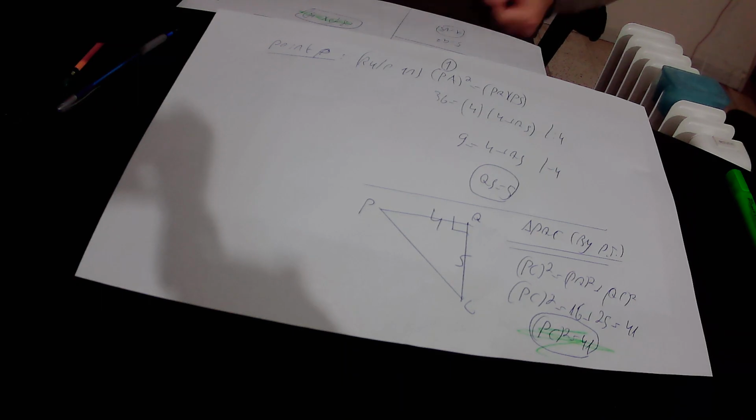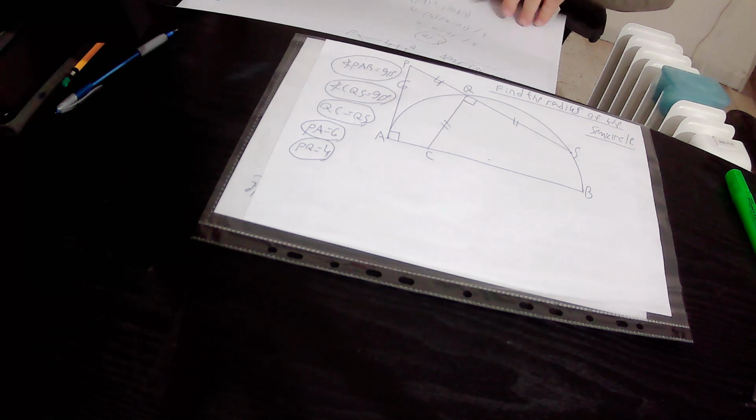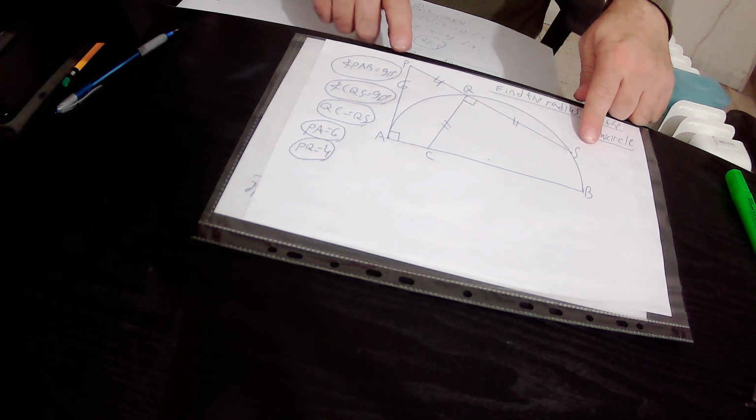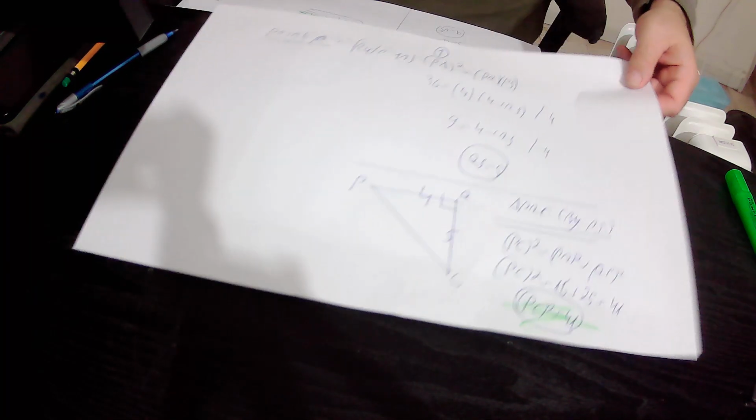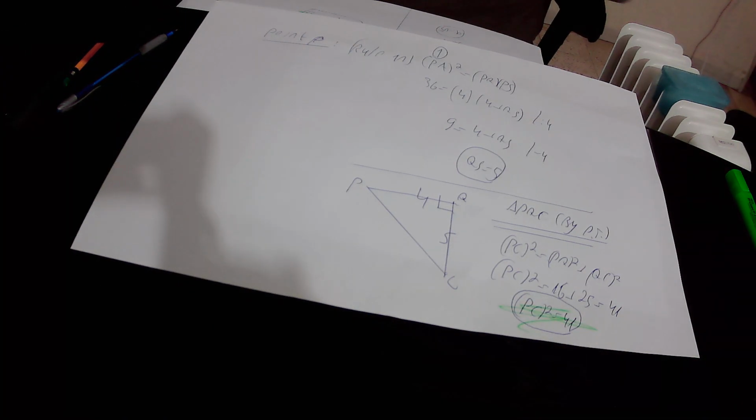PA is 6, therefore PA square is 6 squared, that is 36. That is 36, and it equals PQ, that is 4, times PS, which in total equals 4 plus QS. So here we divide this equation by 4, and finally find that 36 over 4 is 9, so 9 equals 4 plus QS.